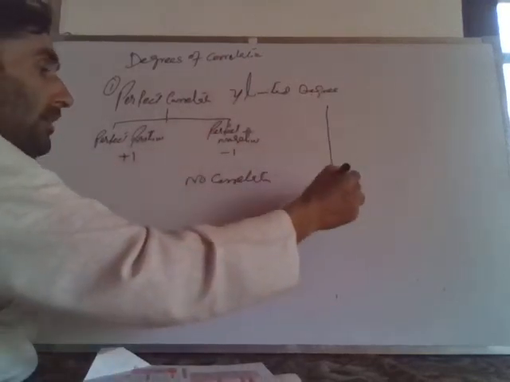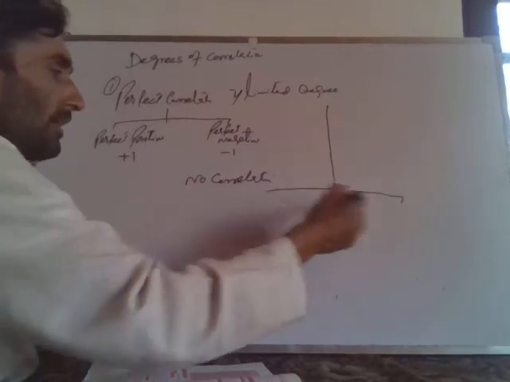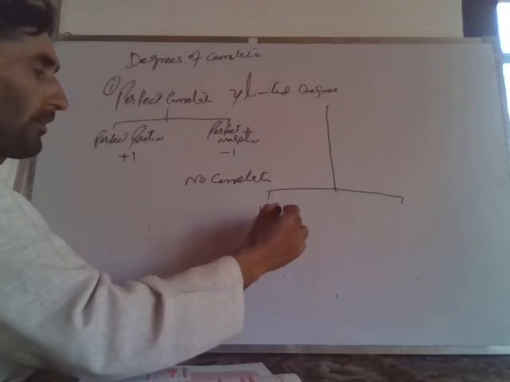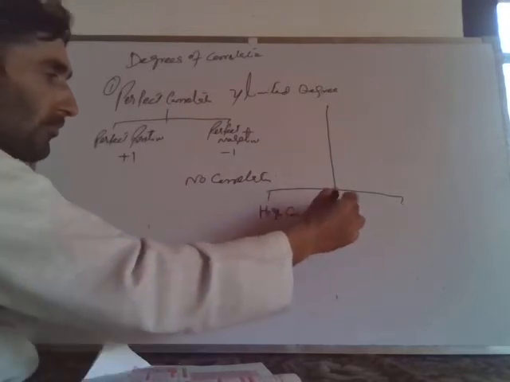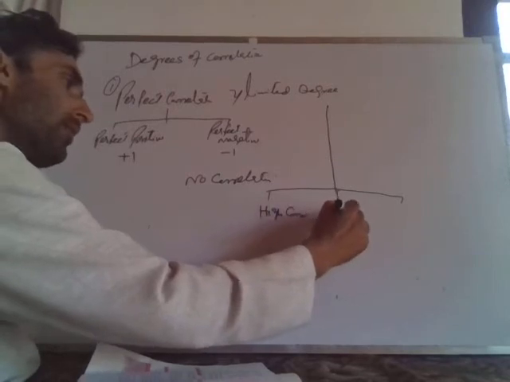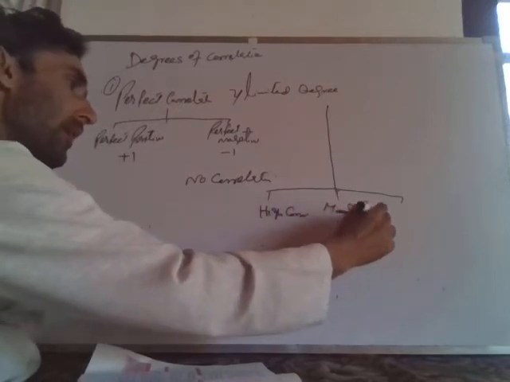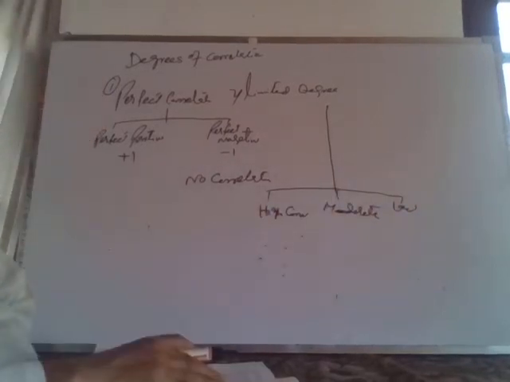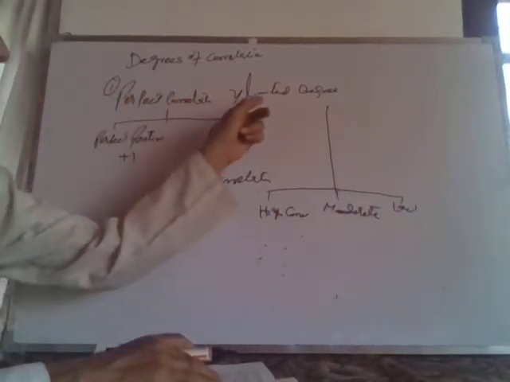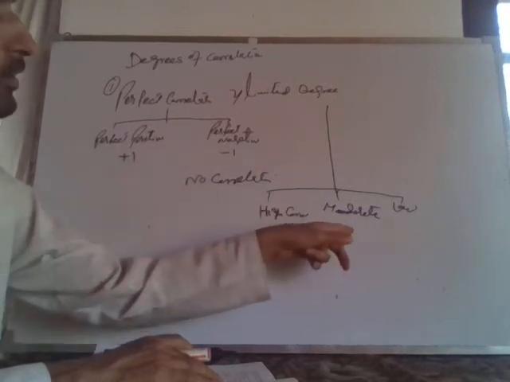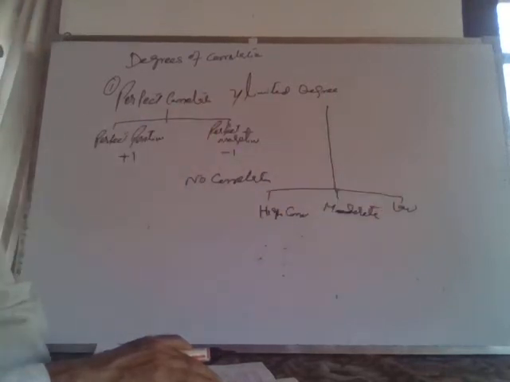Limited degree of correlation has 3 types: high correlation, moderate correlation, and low correlation.